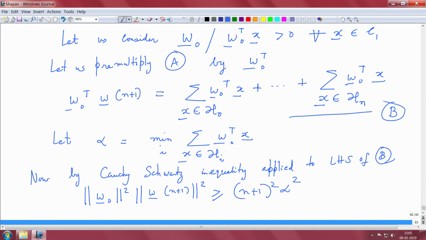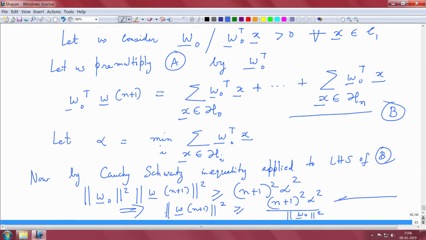Now, you can rearrange these terms. So, this is at least n plus 1 square alpha square upon norm W naught square, right. Let me call this equation C.